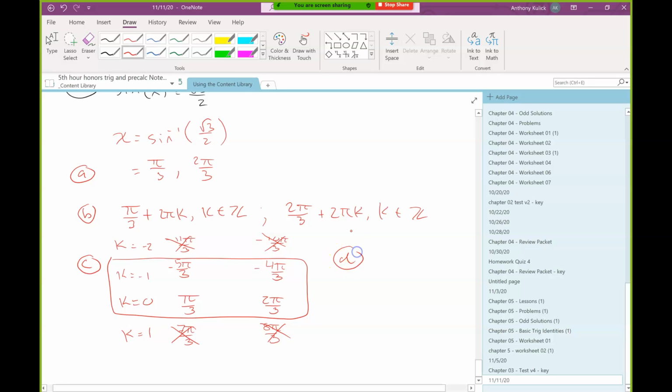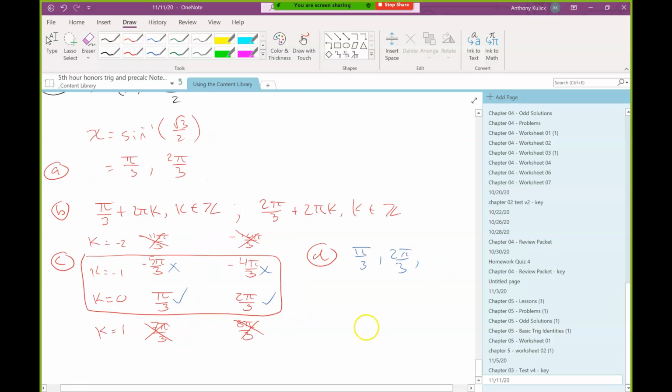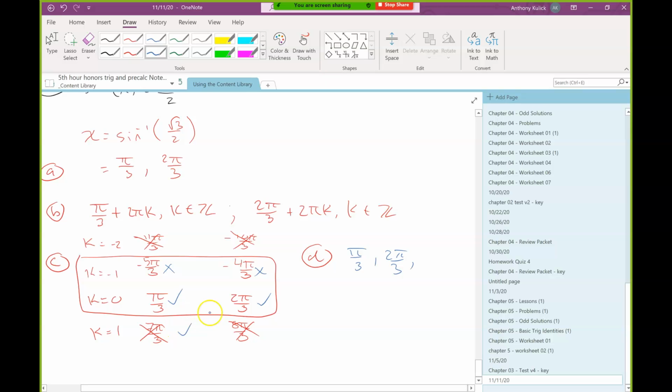For part D, we want between negative pi and positive 4 pi. Well, these answers, that's too small, right? That's less than negative pi. That's less than negative pi. But these ones are still okay. These ones are less than 4 pi, so those answers are still okay.